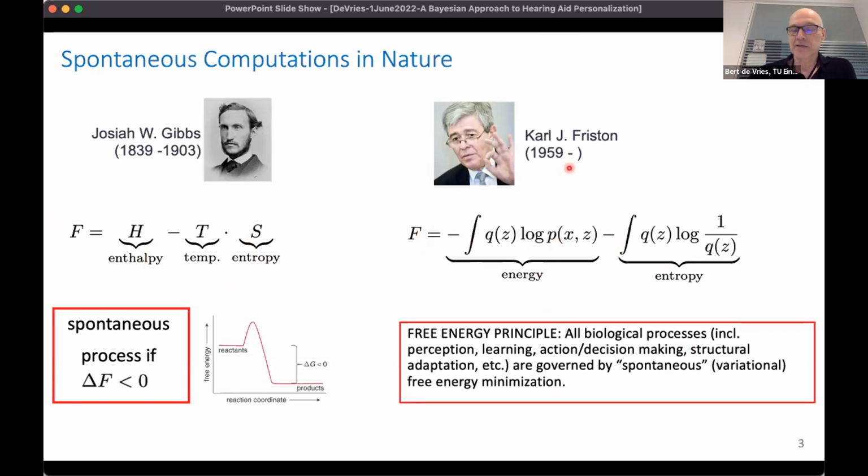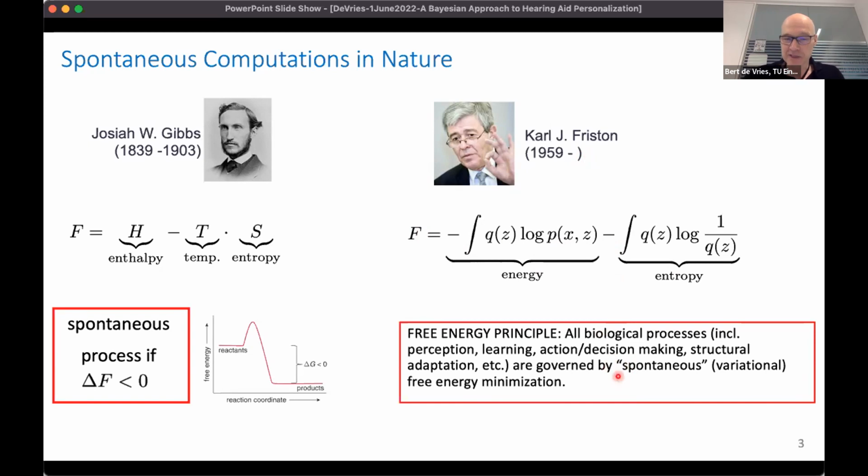And there is a fellow called Carl Friston. You should look him up on the internet. He is by far the most influential neuroscientist alive. Currently, he works at UCL in London, and he's developed a theory which is called the Free Energy Principle. I'm just reading this now.